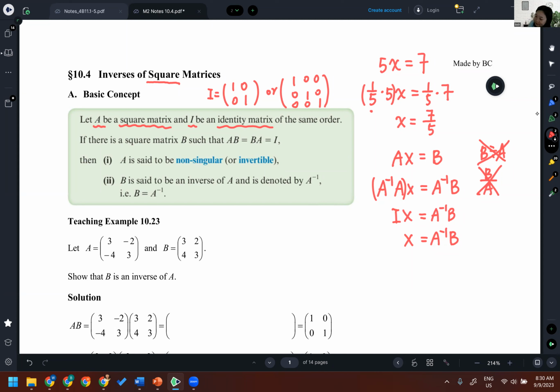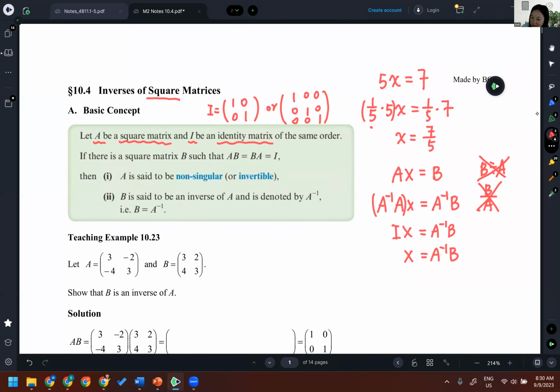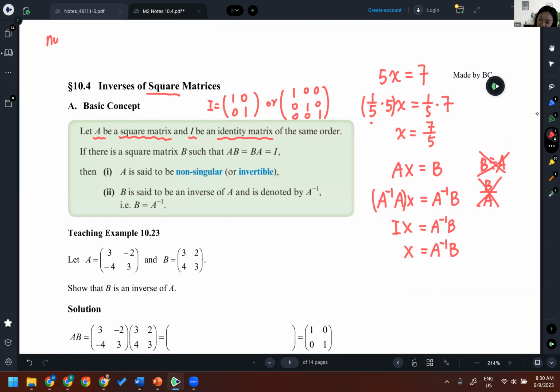For example, I can give you a very easy non-singular matrix, for example, 2, 0, 2, 0. This is non-singular. Because I can find something, multiply this equal I very, very easily. See?